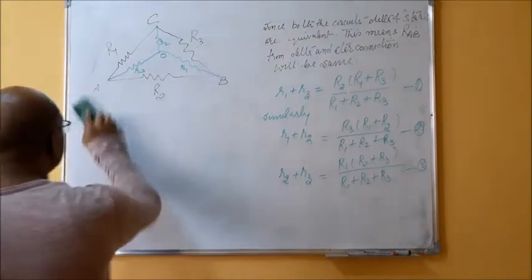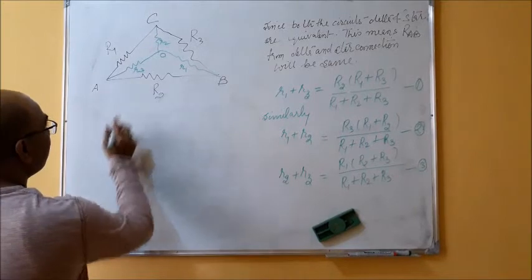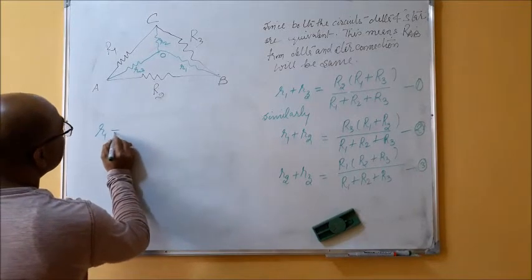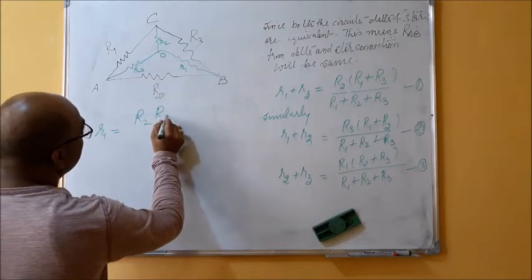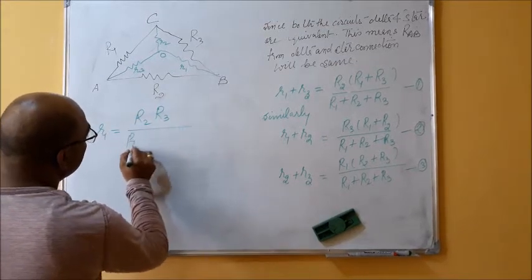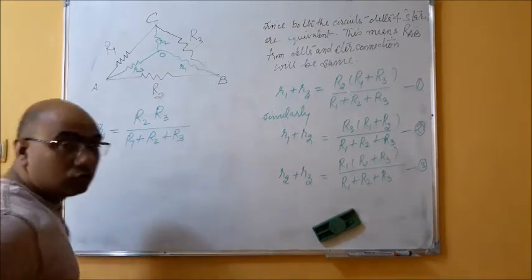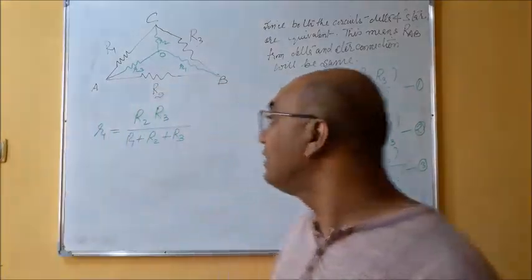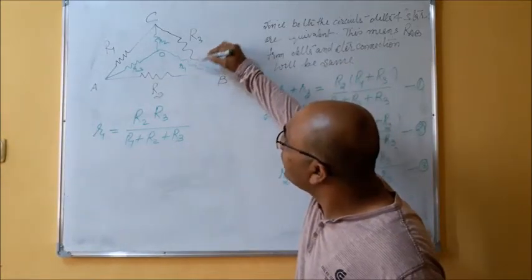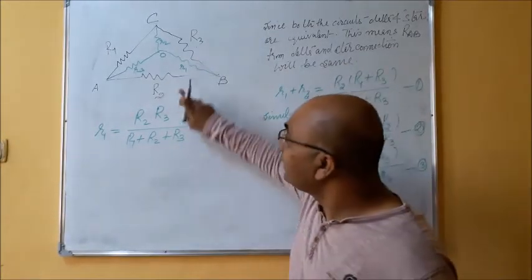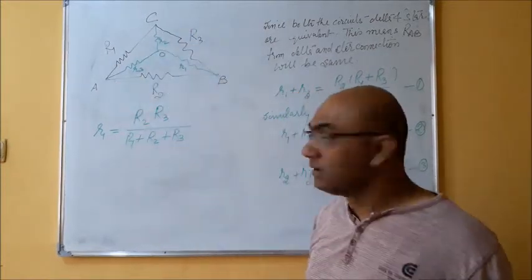Okay, so the answer will be here: small r1 can be written as R2 R3 divided by R1 plus R2 plus R3. To keep in mind how to write the value of r1: you see here, r1 is in between R2 and R3. So r1 is R2 R3 upon the sum of all three.